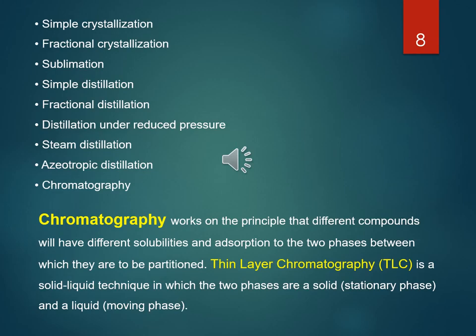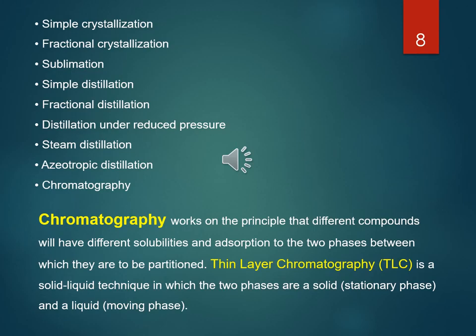Let's see what chromatography is. Chromatography works on the principle that different compounds will have different solubilities and adsorptions to the two phases between which they are to be partitioned. Thin layer chromatography is a solid-liquid technique in which the two phases are a solid stationary phase and a liquid moving phase.